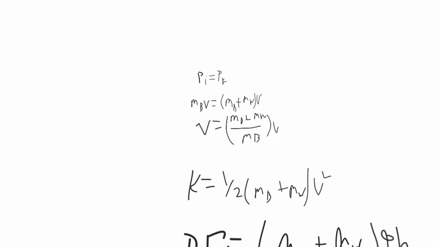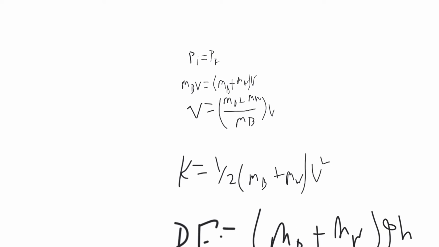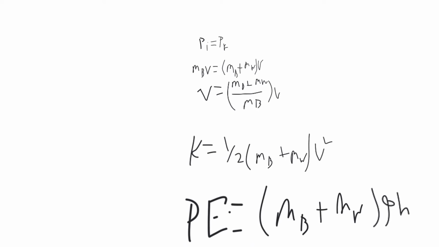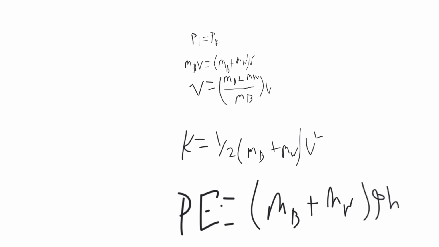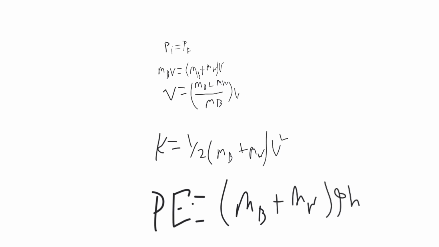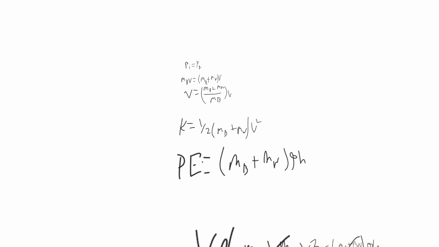Now, to find the velocity of the bullet, the initial speed, we just have to solve for it, dividing this to the other side, and you get this. This is your expression for finding that.